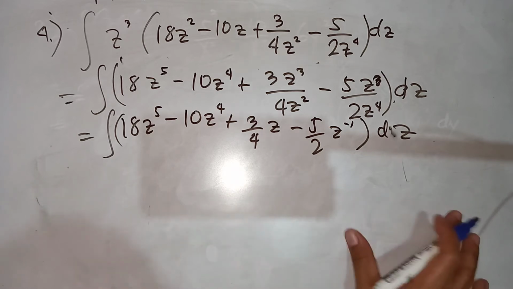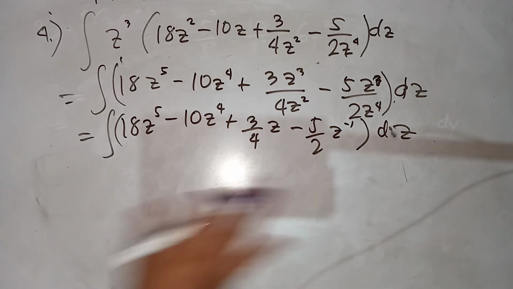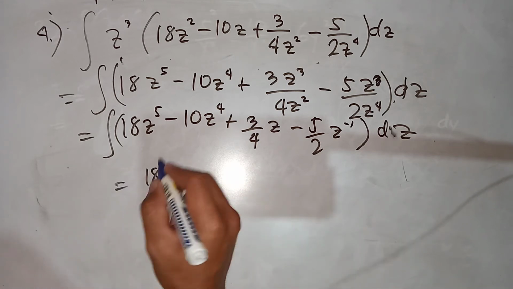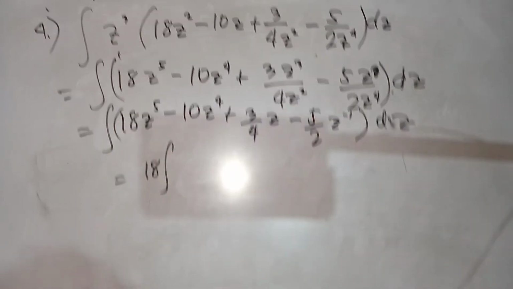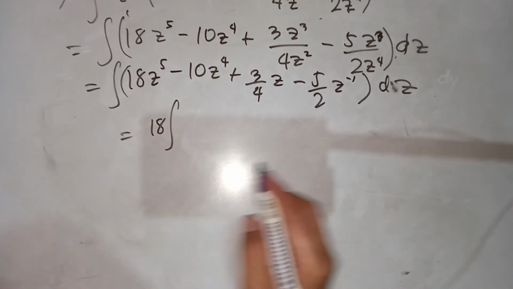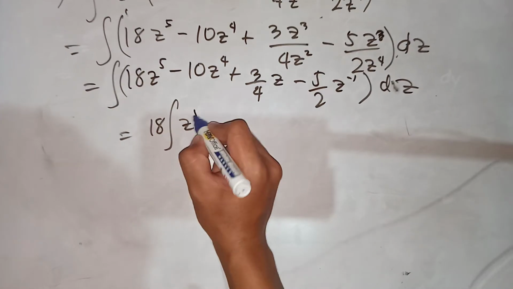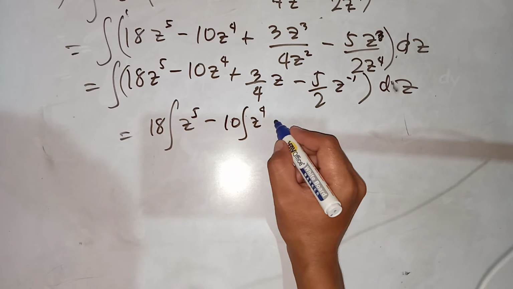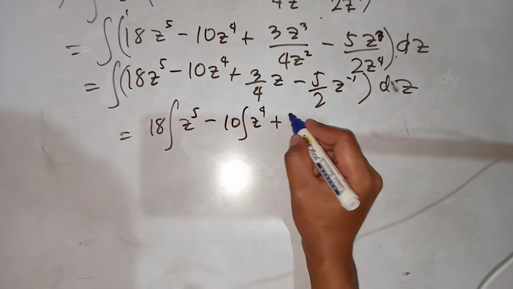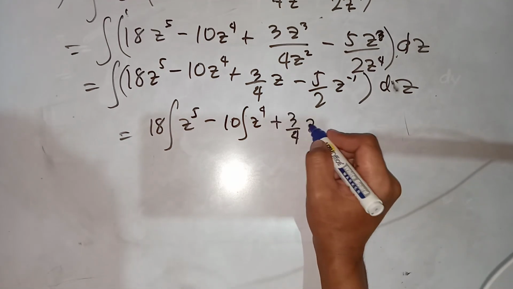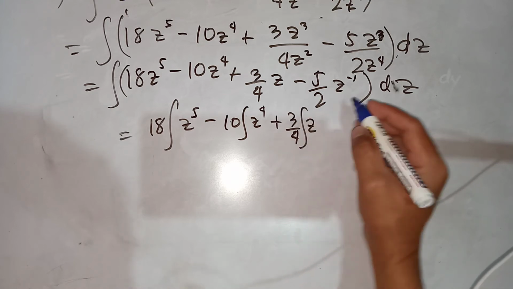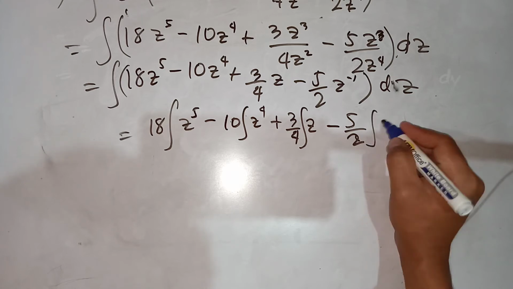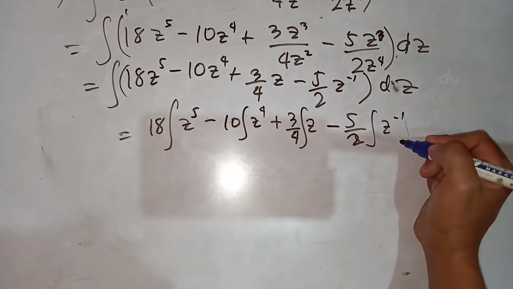So now we can integrate this expression right here. This becomes 18 integration of z to the fifth minus 10 integration of z to the fourth plus 3/4 integration of z minus 5 halves integration of z to negative 1 dz.